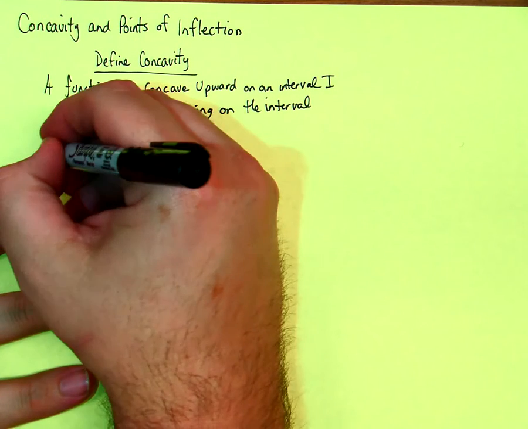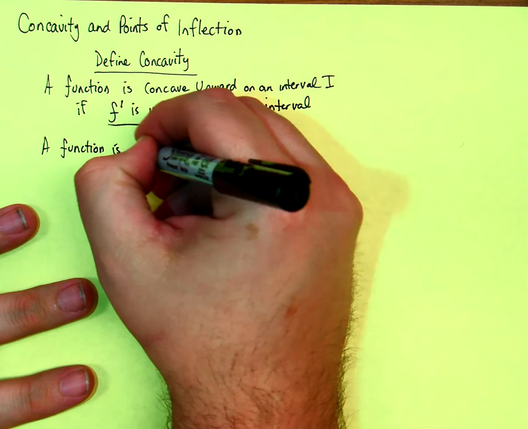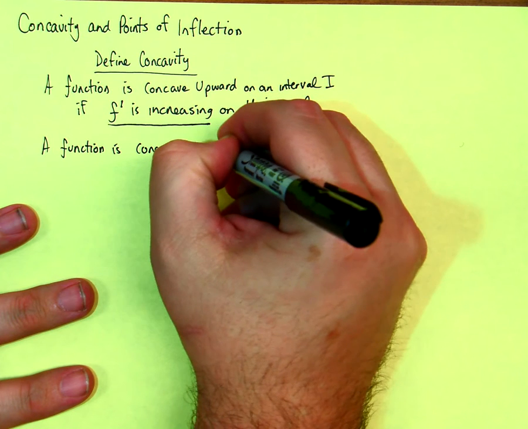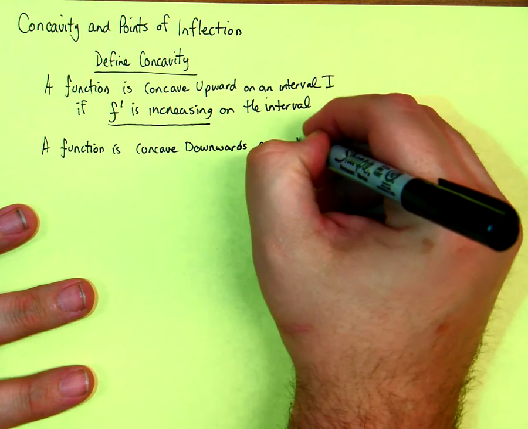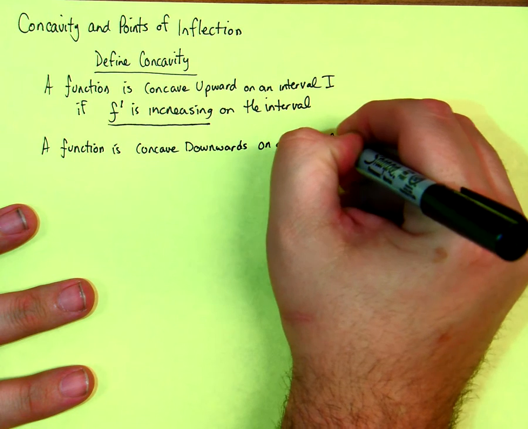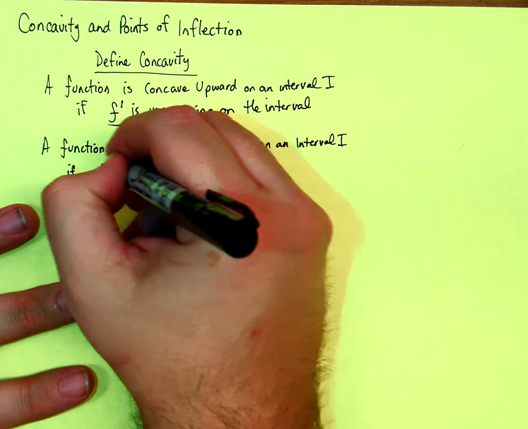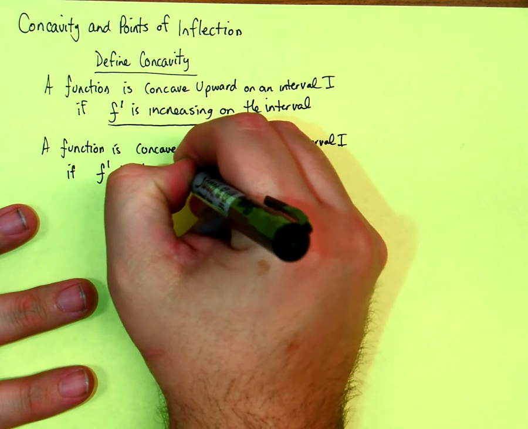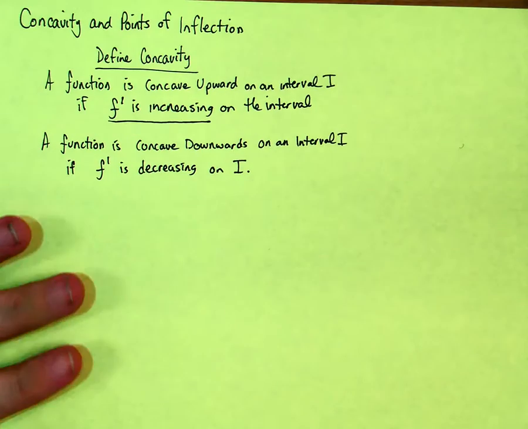And a function is concave downwards on an interval I if f prime is decreasing on I, on the interval I.